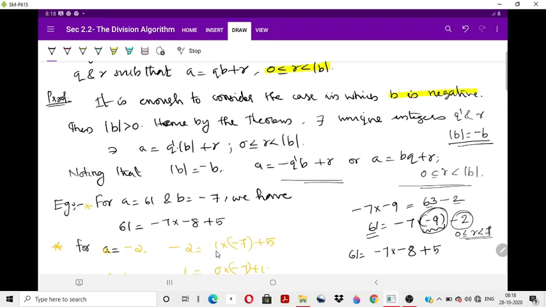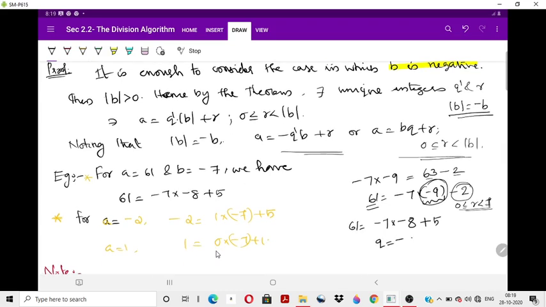This is okay, because when we take q as minus 8 and r as 5, r is positive and strictly less than 7. So by the division algorithm, 61 is equal to minus 7 into minus 8 plus 5. Here the quotient is minus 8 and the remainder is 5.